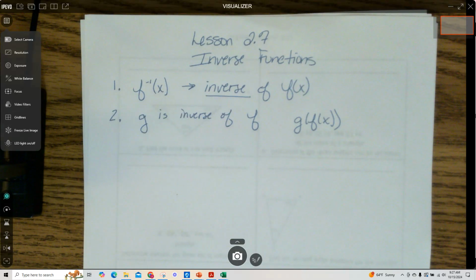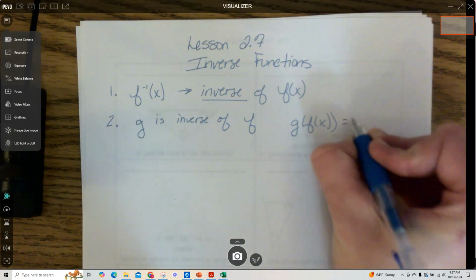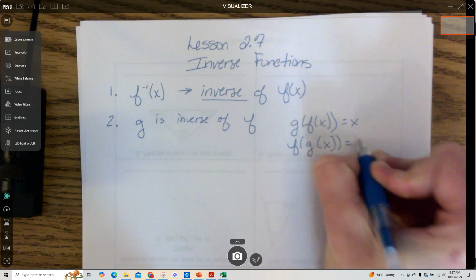The answer should be x and x. So f of g of x equals x, and g of f of x equals x.